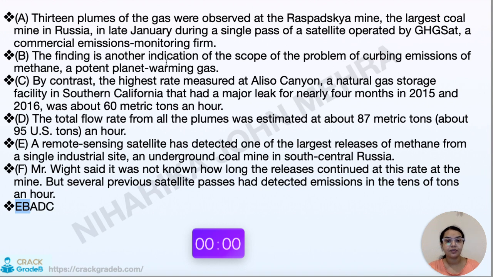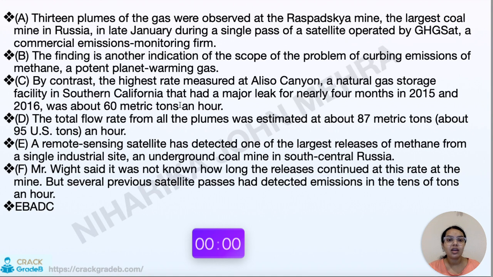Okay. Now it's another indication of the scope of the problem of curbing something. Now there is another keyword given: by contrast. The highest rate at another place, a natural gas storage, was about 60 metric tons an hour.